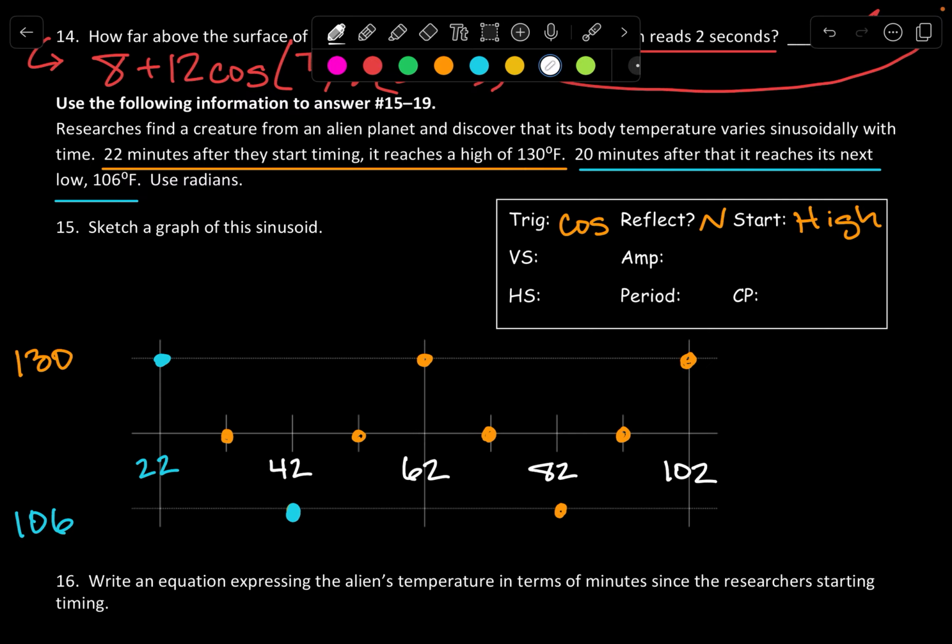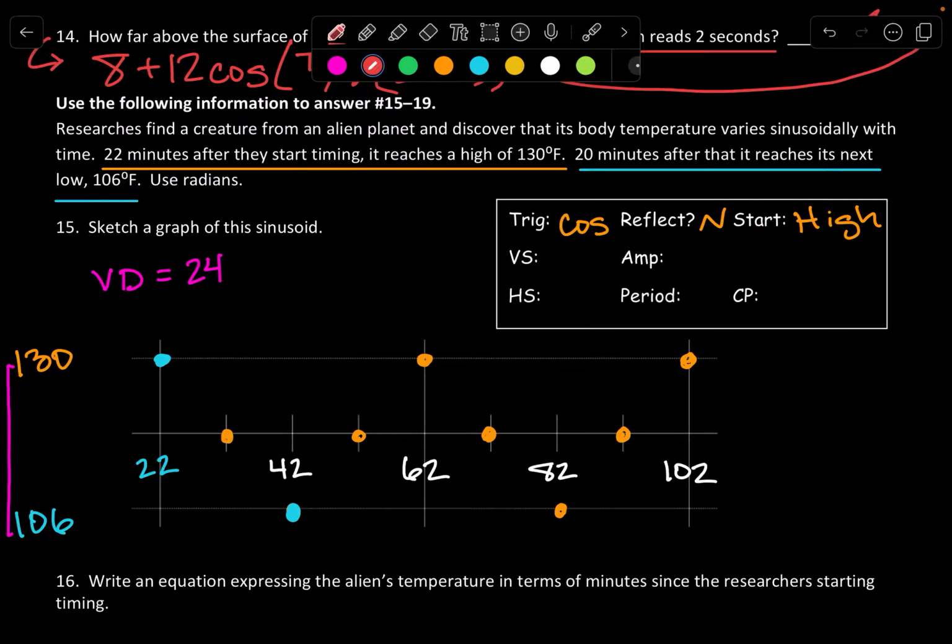After I complete that step, I need to figure out what my vertical shift is, which is going to be my midline, and will also help me figure out my amplitude. So let's look at the total vertical distance. If I go from 106 to 130, how much distance have I covered? I have covered 24.